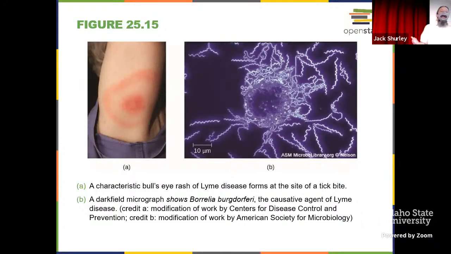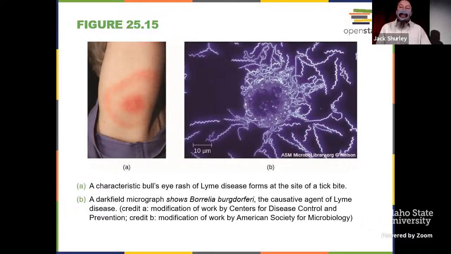And it's a similar idea, all right? That tick on us needs to be attached and get a good blood meal in order for the bacteria to be inoculated, right? If it's on you for only a short period of time, the likelihood of contracting this disease is very, very small.